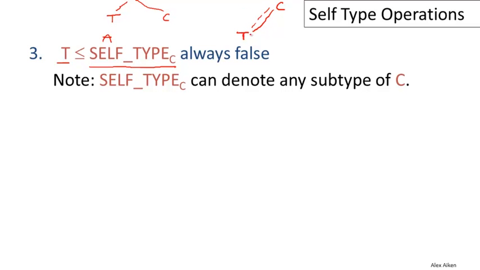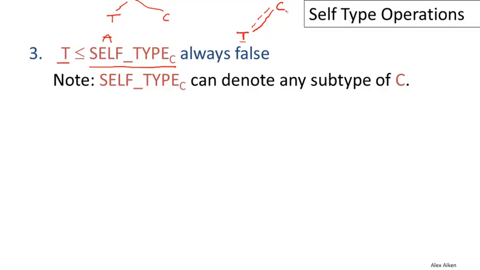Just to emphasize, this relationship doesn't have to be immediate inheritance. It could be transitive inheritance. And now if T is a leaf of the hierarchy, and it is the only leaf of C, if C has no other subclasses, then in fact T is a subtype of self-type sub C because it is the unique minimal type that is in the subtype hierarchy of C.